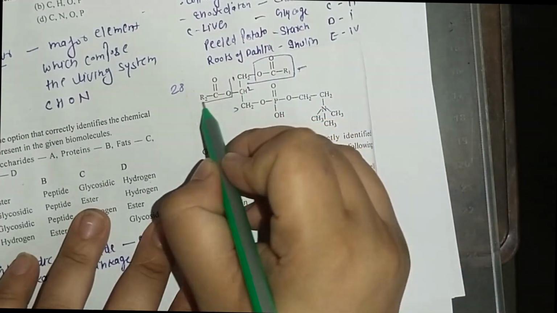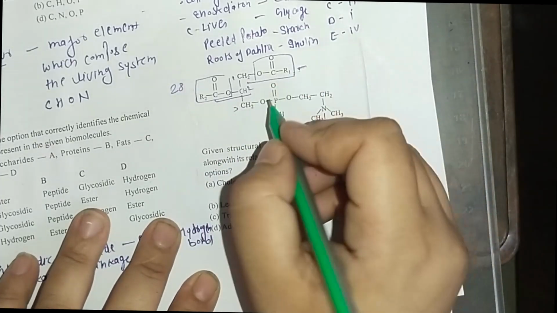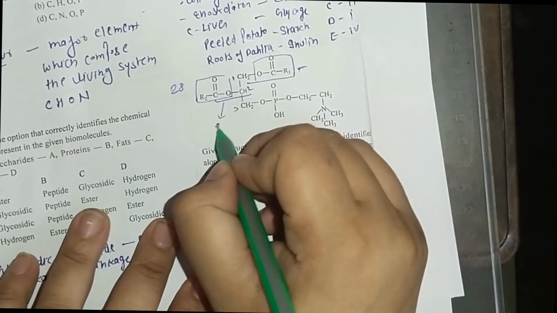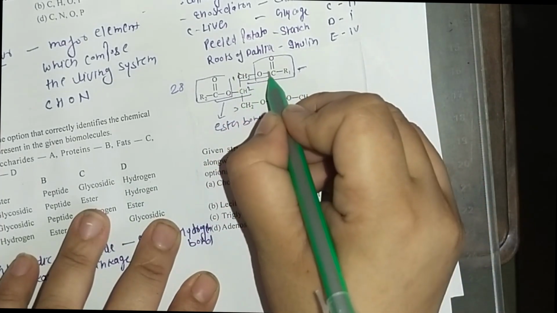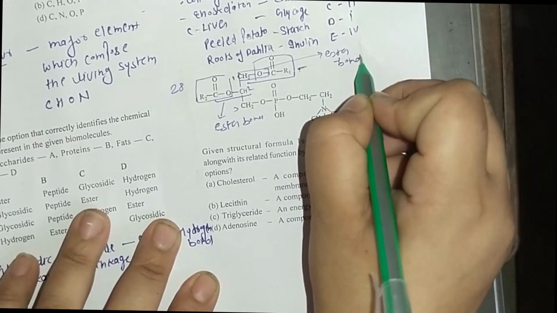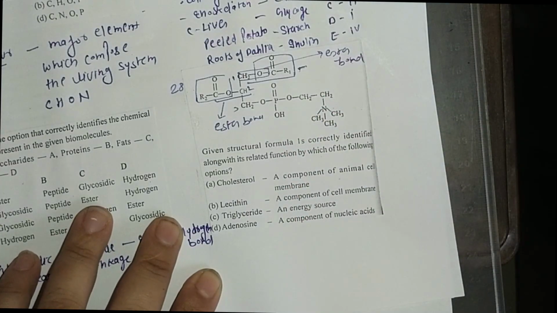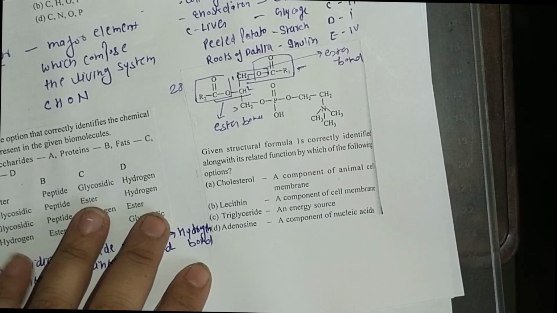This one is the second fatty acid, and this is COC, that is ROR. This is representing an ester bond. This is also an ester bond. So if something is representing an ester bond, that means we are talking about a fat molecule.